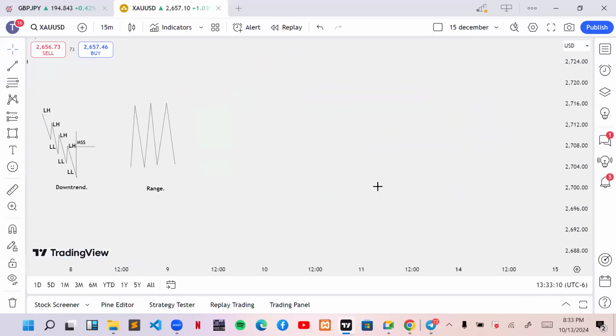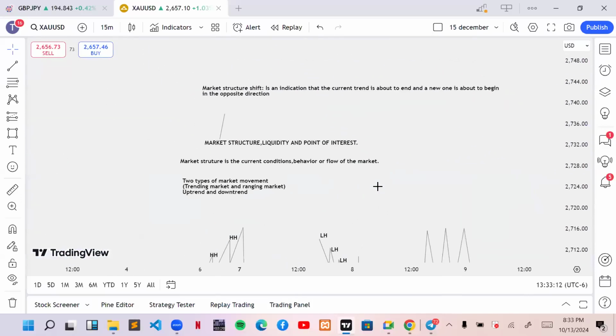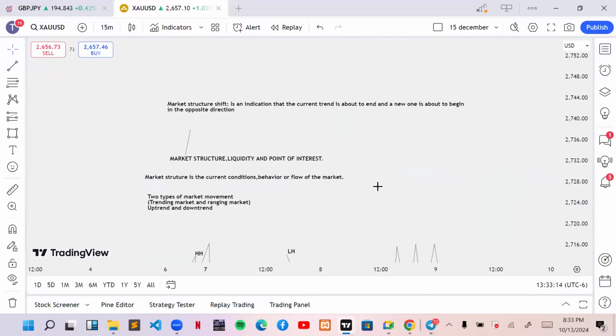Now, another thing I pay attention to in the structure part of this strategy is break of structure. There are two: market structure shift and break of structure. Market structure shift is an indication that the current trend is about to end and a new one is about to begin in the opposite direction, so you take a trade in the opposite direction.